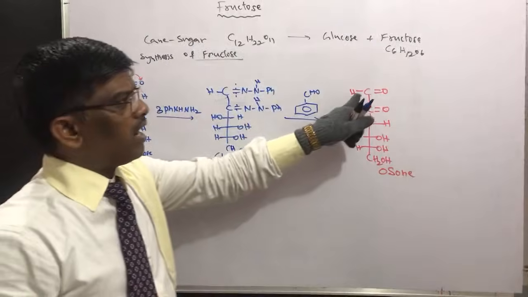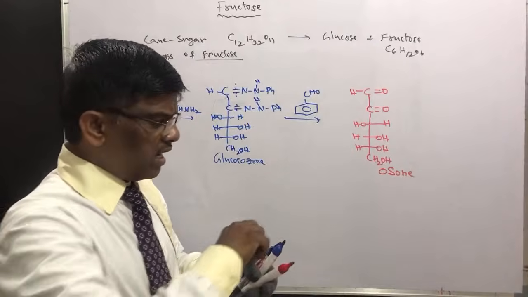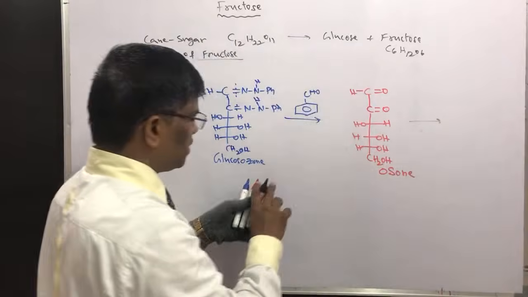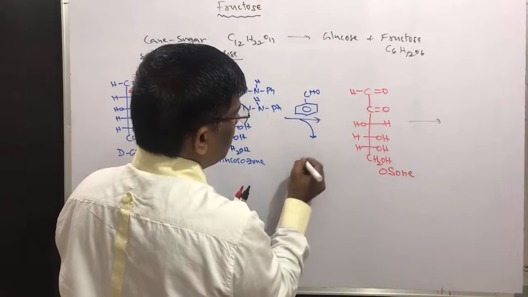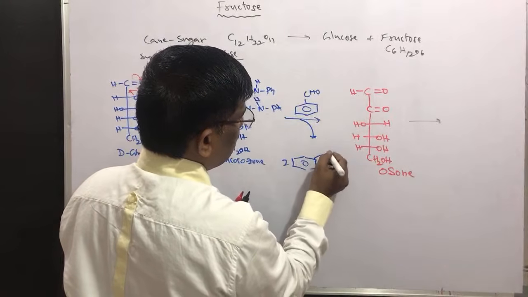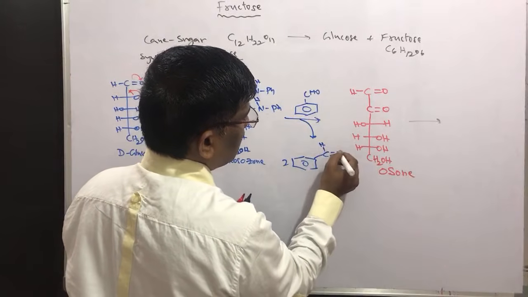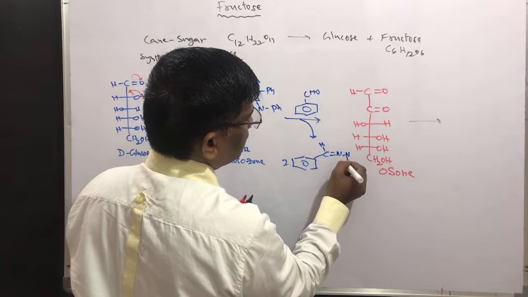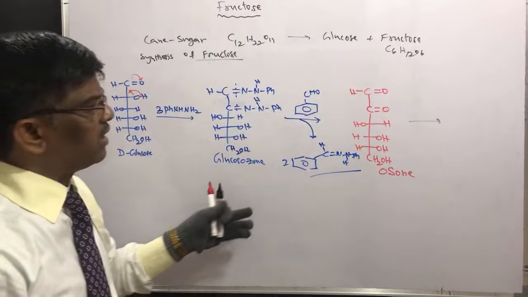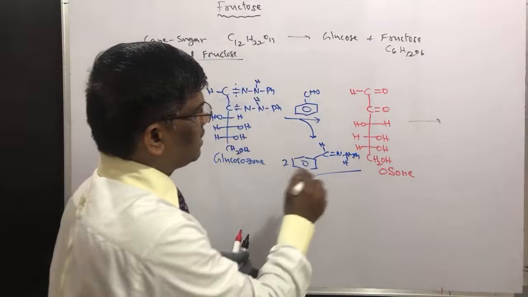Yes, ketone and aldehyde. We know that when I use a mild reducing agent, what about this benzaldehyde? It is going to form 2 moles of benzaldehyde phenylosazone. Right, it is different.